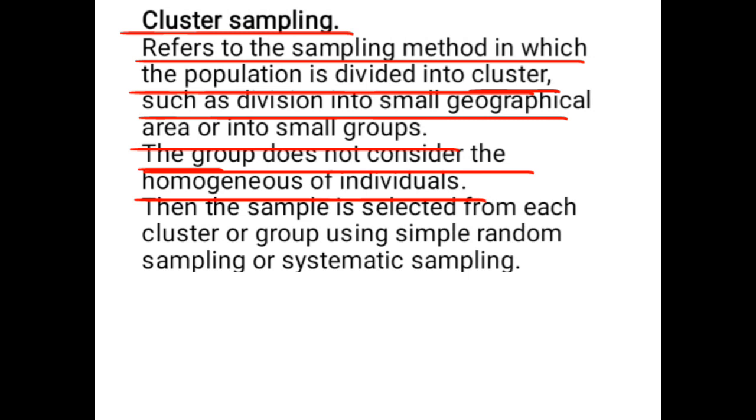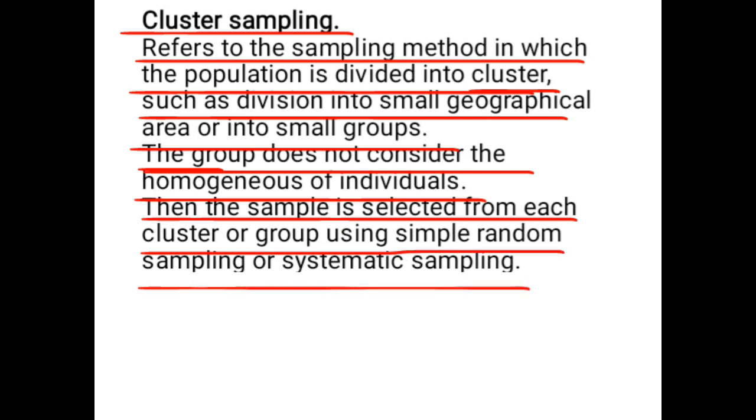Then after the division, the sample is selected from each cluster or group using either simple random sampling or systematic sampling. So you firstly divide individuals into clusters or groups, maybe based on their geographical location, but not their homogeneity. Then at the end, you select the sample from each cluster or group using either simple random sampling or systematic sampling.